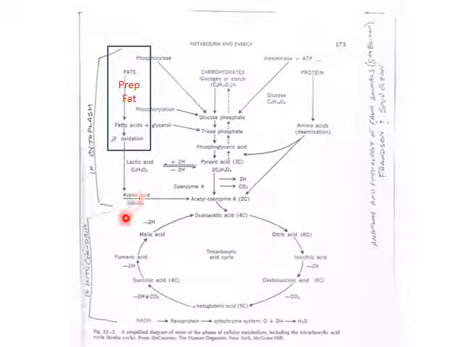The acetic acid has two carbons in it, little modifications, and they are fed directly into the TCA cycle. So glycerol goes this way. Our fatty acids broken down, two carbon units, get fed directly into the TCA. So fat prep is over here.